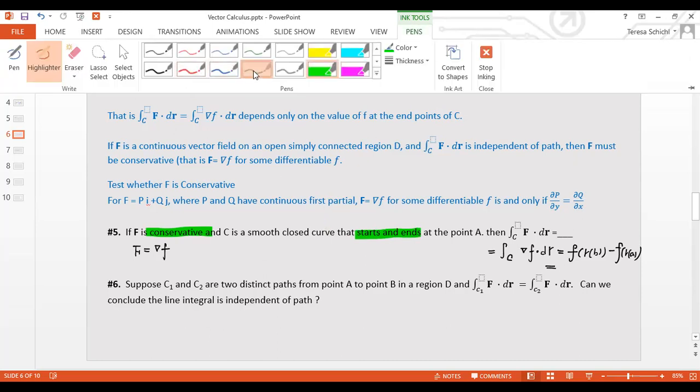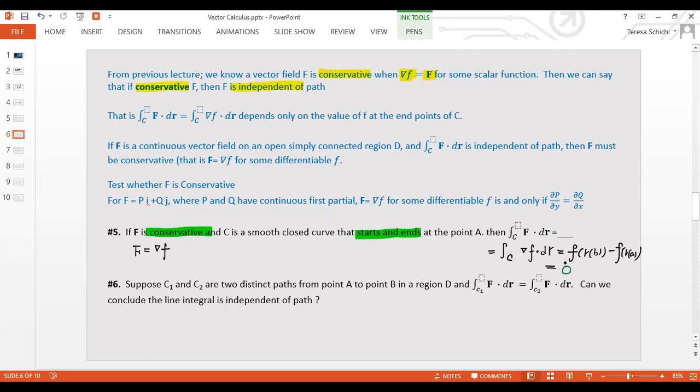So what is my final answer? It is zero. I know if it is conservative, then it's independent of the path. This also demonstrates one very good thing: if it is conservative and you have a closed path, then the line integral will be equal to 0, correct?